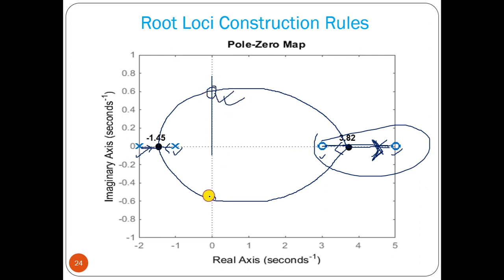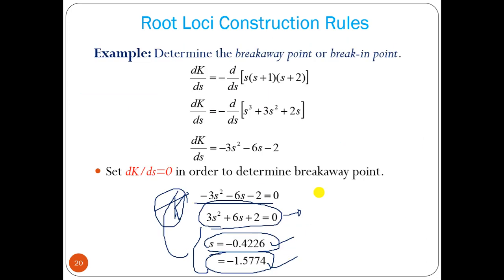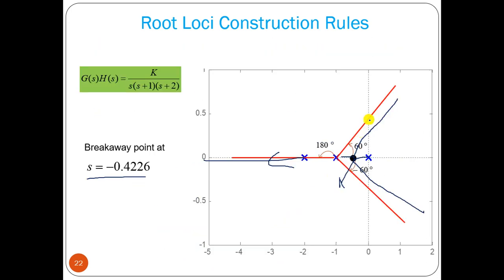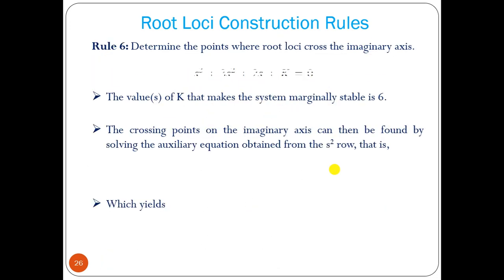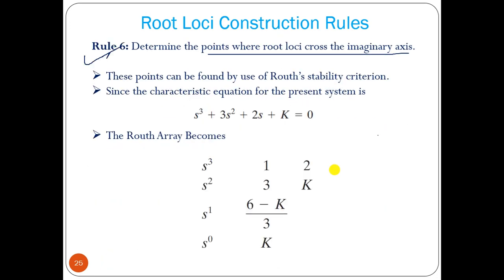In some more examples we have seen that it crosses the imaginary axis. When it crosses into the right half plane, it must cross the imaginary axis. So we have to find the intersection point with the imaginary axis. Let us discuss how to find it.